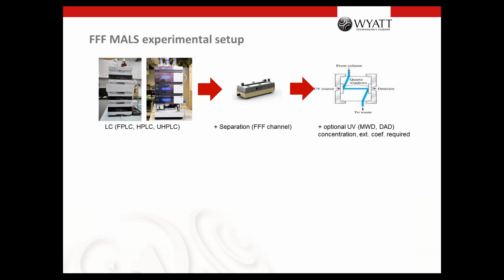From the FFF channel, it goes to the channel outlet, and from the channel outlet to the UV detector as first detector in row. And there it could be a VWD, an MWD, a DAD, so you could even, of course, collect a whole spectrum. And with this, you can measure the concentration.